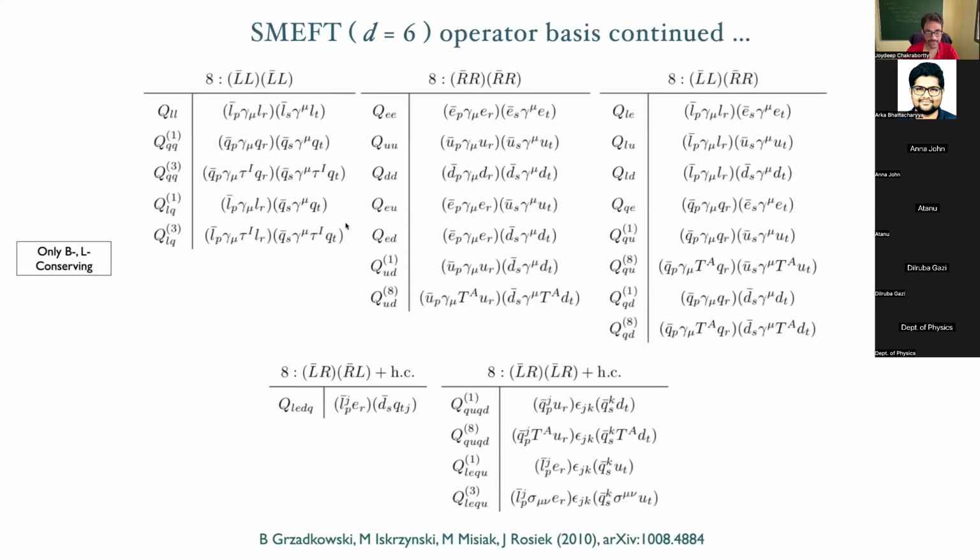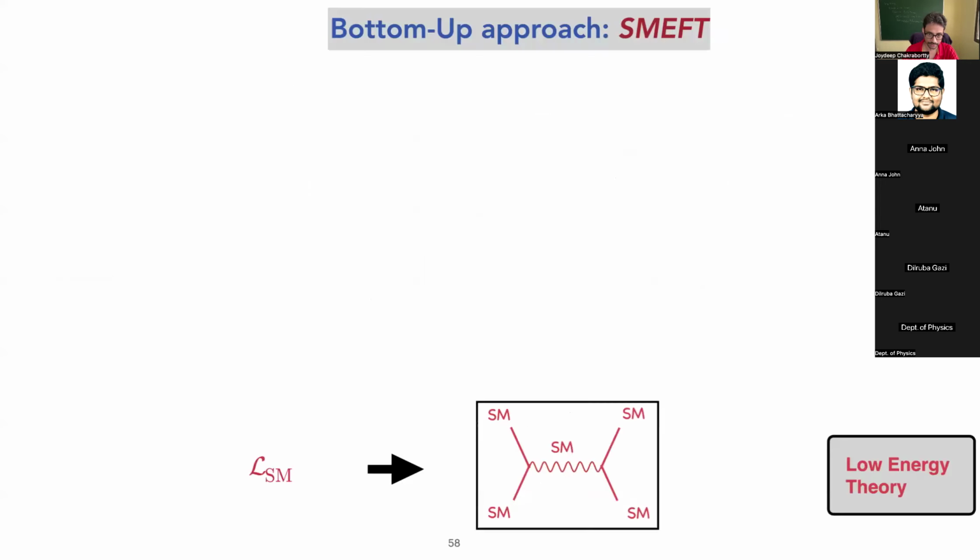And that's how you generate all the dimension 6 operators. If you do not consider flavors and all the baryon number and lepton number violations, then you get 59 total dimension 6 operators, which are independent and not related to each other by the equation of motion, integration by parts and so on. That's how you cross-check the result, and you can extend it beyond dimension 6 depending on your necessity and requirement.